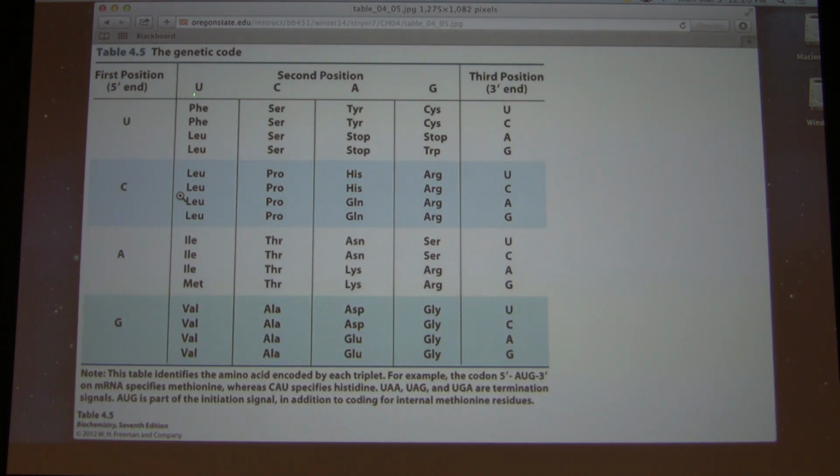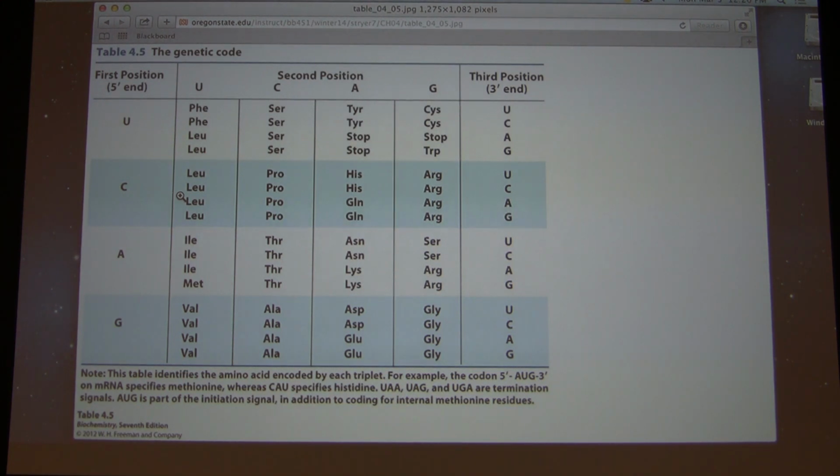If I said UU pyrimidine, I would be specifying phenylalanine. If I said UU purine, I would be specifying leucine. And you'll see, again, if you look carefully, that the split, like here where we have histidine or glutamine for CA pyrimidine, CA purine, they break along purine and pyrimidine lines for the most part.